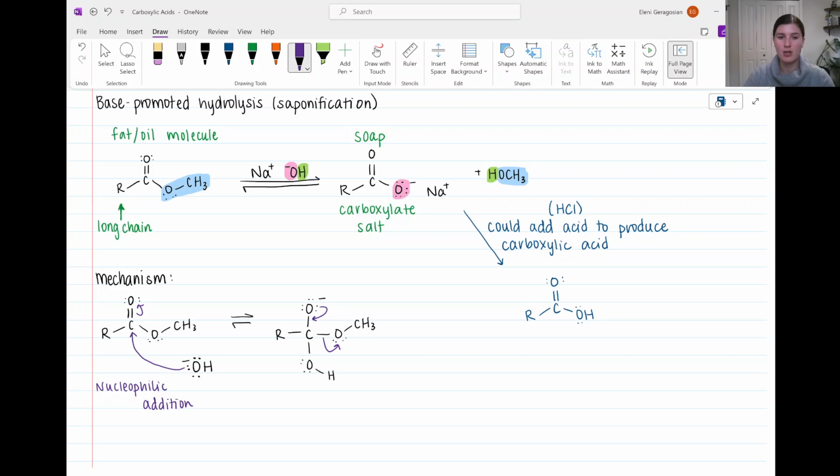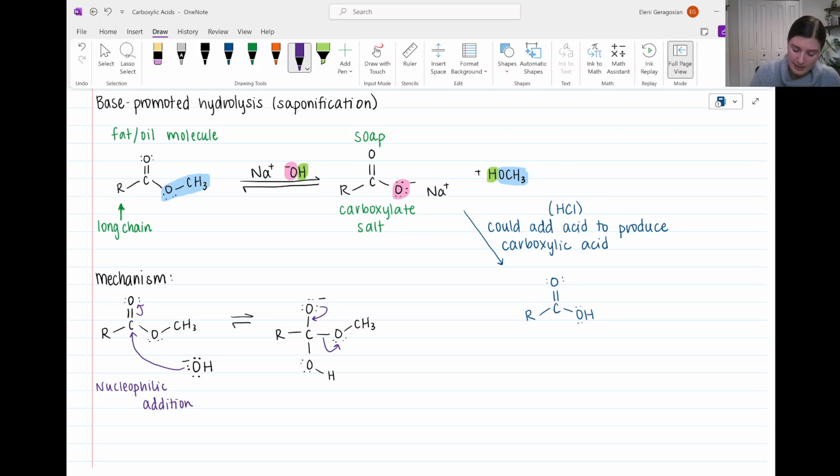If we think about this carbon that's bonded to 3 oxygens here, that carbon is bonded to 3 electronegative groups. It's lacking electrons in a major way. So that negatively charged oxygen is going to share its electrons to create an overall more stable molecule.